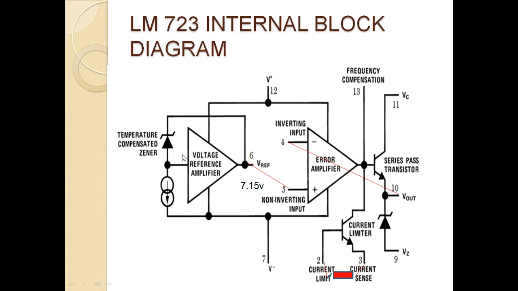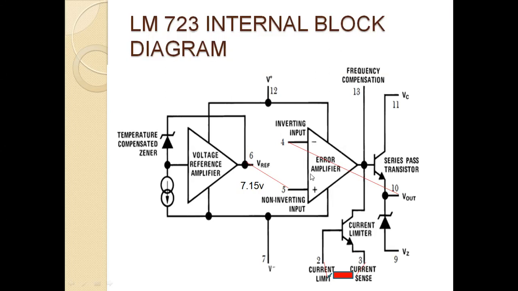The Zener diode gives a constant regulated voltage of 7.15 volt at this terminal, and the constant current source makes the Zener diode operate at a fixed point, which is why we get a constant voltage. Together with the voltage reference amplifier, this circuit gives the reference voltage of 7.15 volt at the sixth pin of the IC.